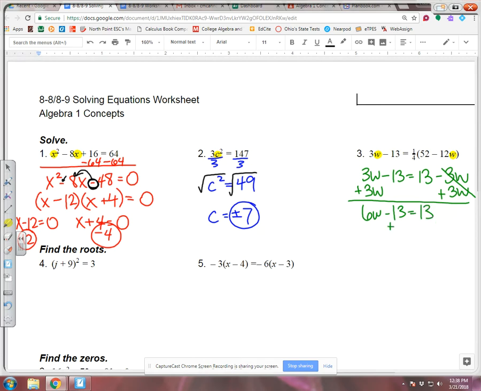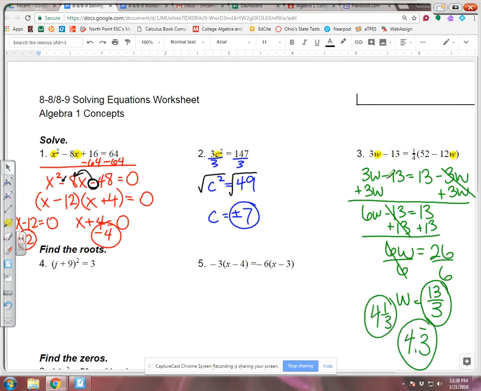And then isolate. Please don't leave this as 26 over 6. It can be reduced. That would reduce to 13 over 3. You also could tell me 4 1/3. You also could tell me 4.3 repeating. Any of those would be acceptable.